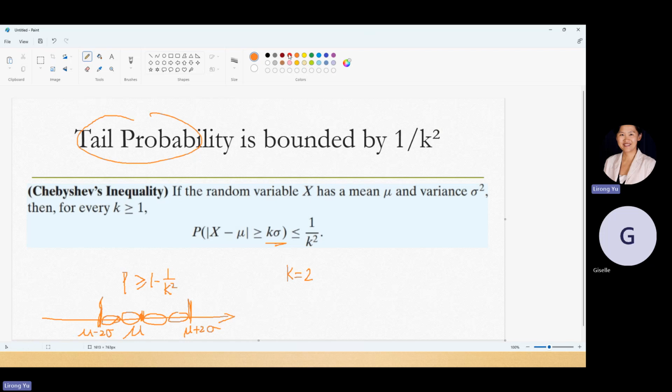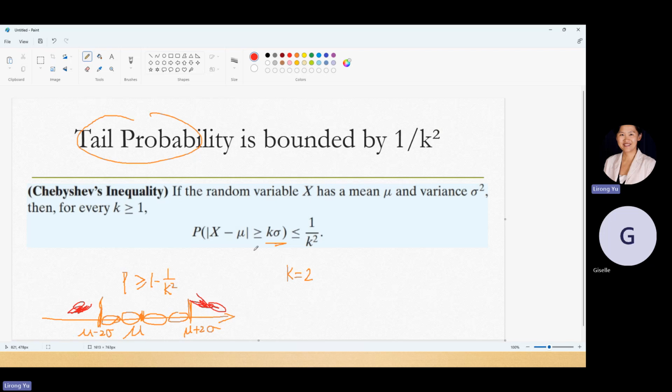That leaves all the percentage on the outside. This tail is the right tail. This tail is the left tail. The left tail and the right tail together are small. How small? It is smaller than 1 over k squared, for the same reason: the middle is already at least 1 minus 1 over k squared, so the part outside will be smaller than 1 over k squared.